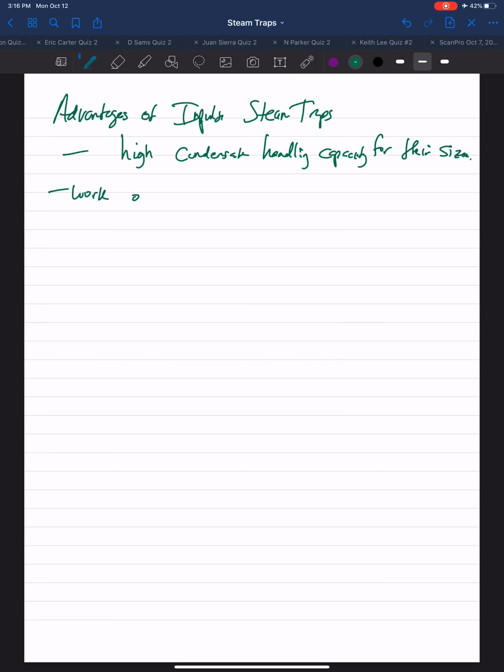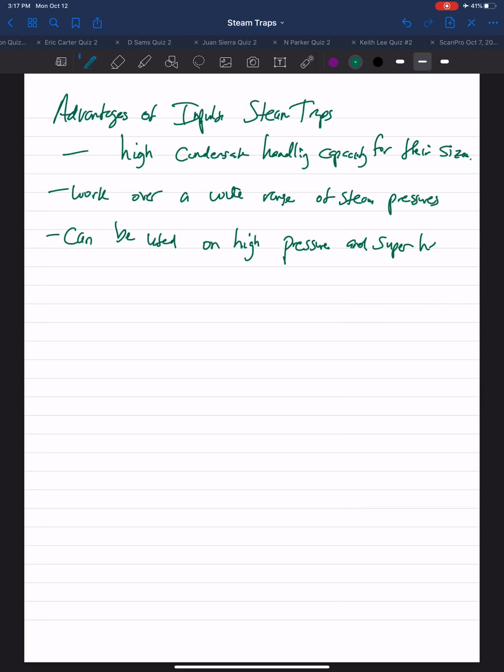They work over a wide range of steam pressures. Can be used on high pressure and superheated steam.